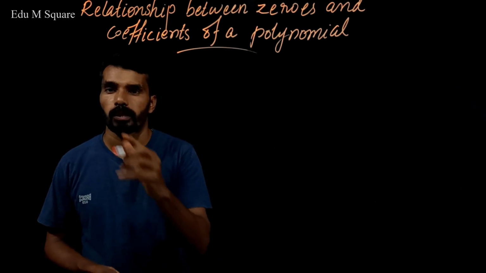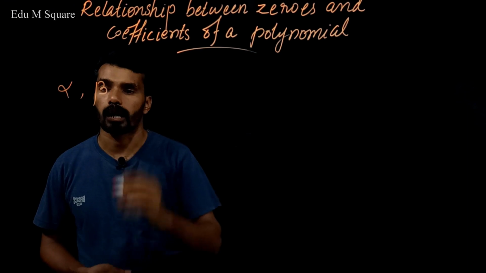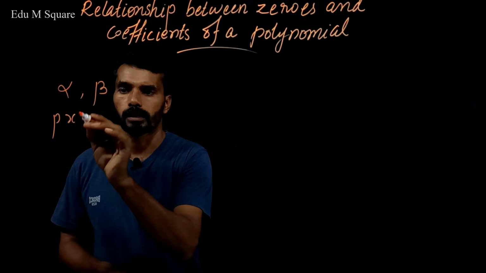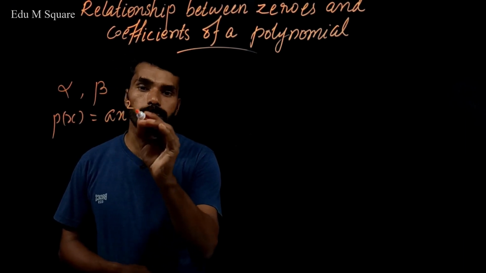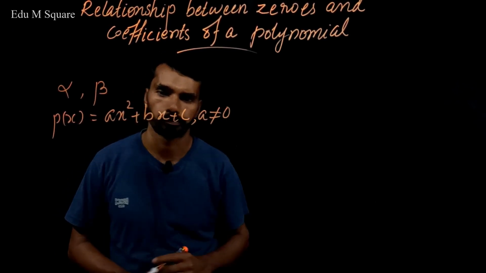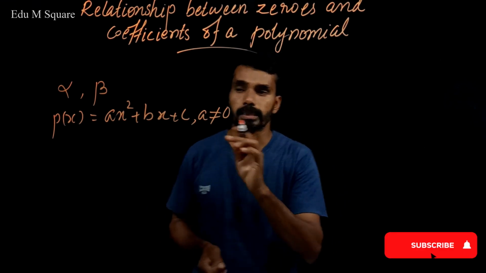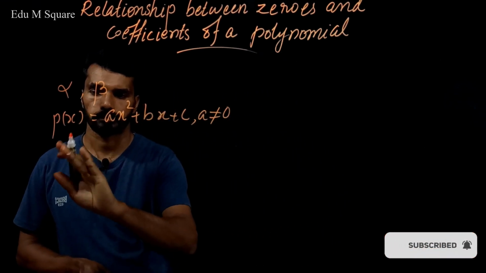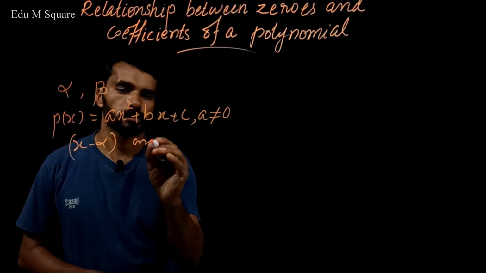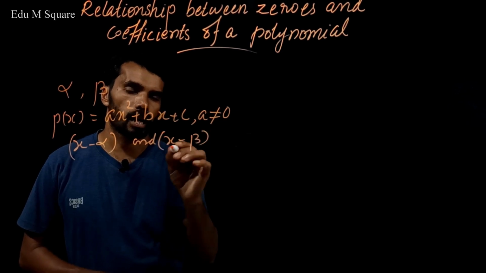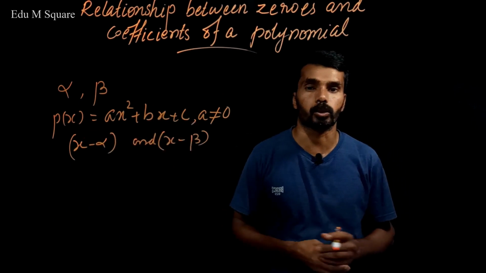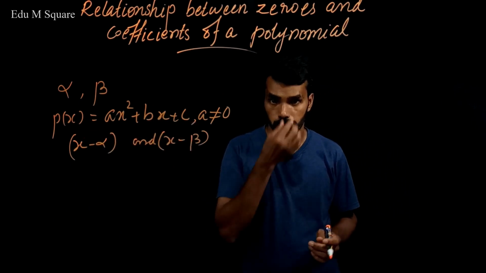If alpha and beta are the zeros of a quadratic polynomial p of x is equal to ax square plus bx plus c, where a is not equal to 0, then x minus alpha and x minus beta are two factors of the polynomial p of x is equal to ax square plus bx plus c.